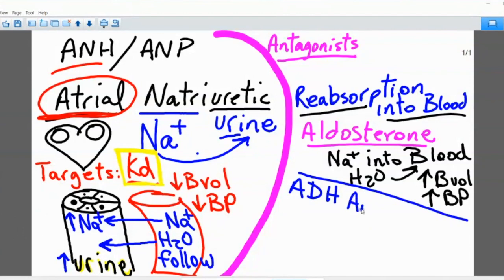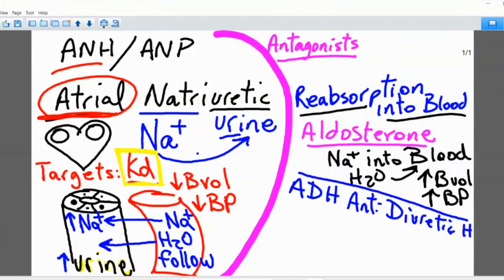ADH stands for anti-diuretic hormone. Uretic refers to what body fluid? Urine. Diuretic means makes you pee. A diuretic makes you pee.